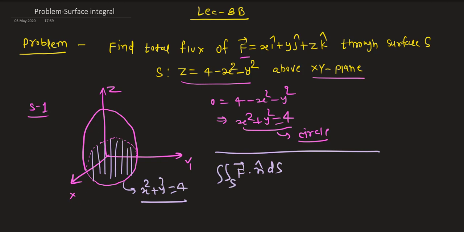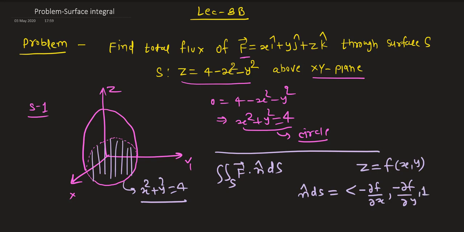And I told you that if you are given a surface in the form of z is equal to f of x, y, then you can convert this surface integral into a double integral by putting n cap dS as minus del f by del x, minus del f by del y, 1 times dA.